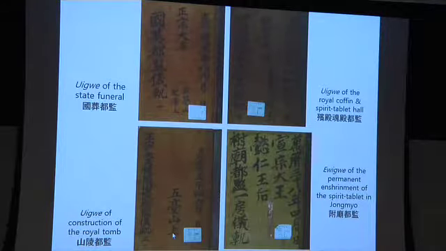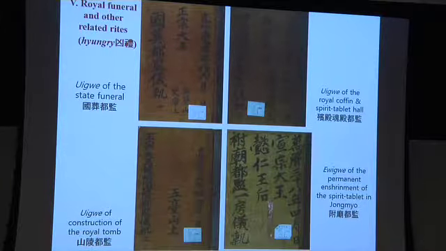And Uige of funeral state rite, very, very complicated. I don't think I have time, but there are 4. This one, 빈전, 혼전. 빈전 is where the king's coffin stays until the funeral day proper.